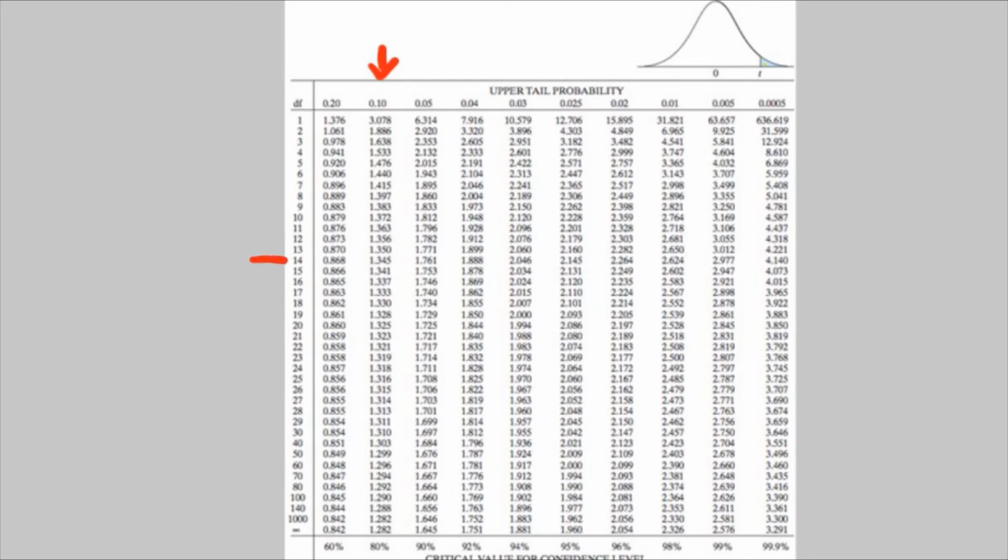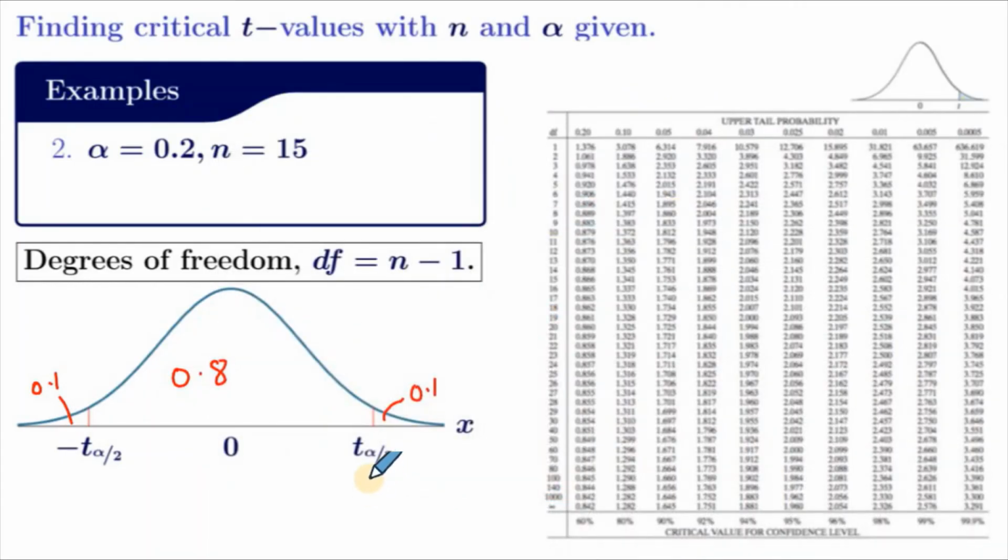So here we look at the row of 14, this, and column of 0.10, this. So that means the critical value is this number here, 1.345. So let me put that value here. So we just found t alpha by 2 to be 1.345. So this is by using table.